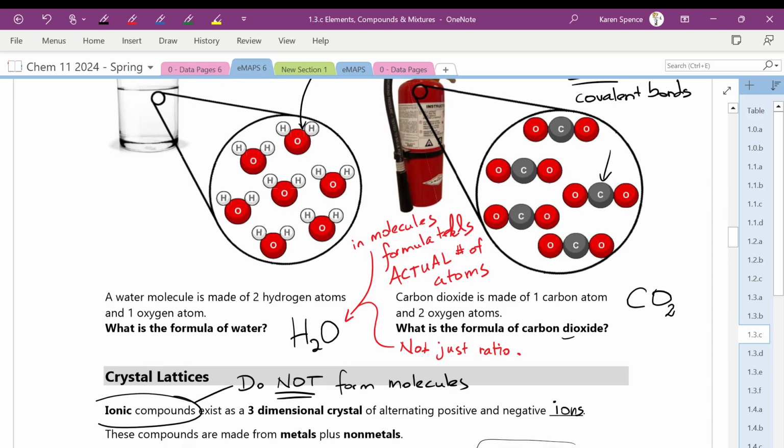So in ionic compounds, we can only know the ratio. In a covalent compound, in a molecule, we know the actual number of atoms.